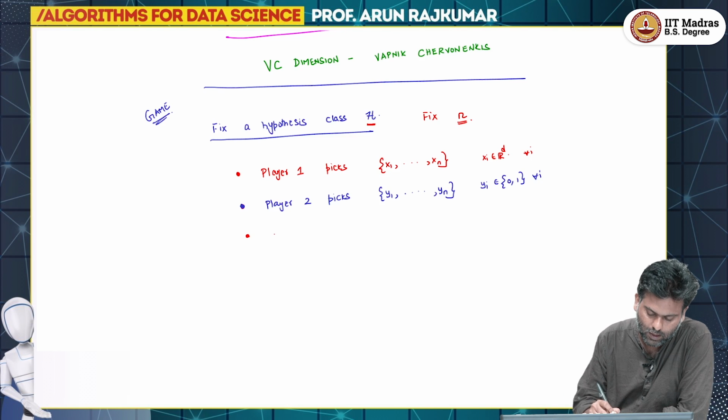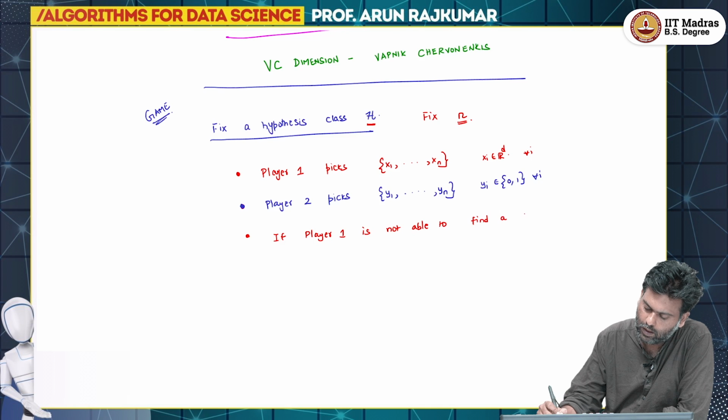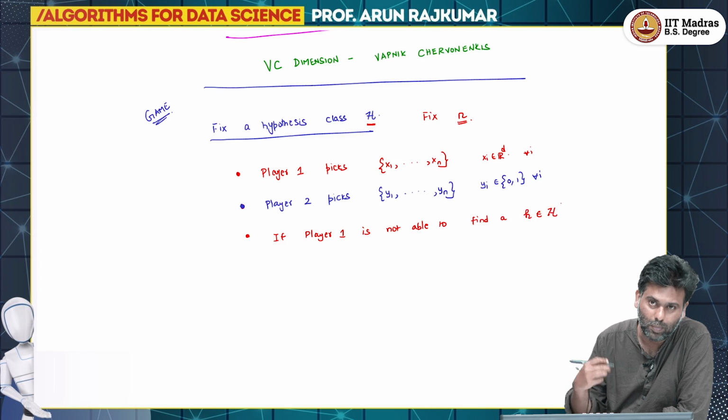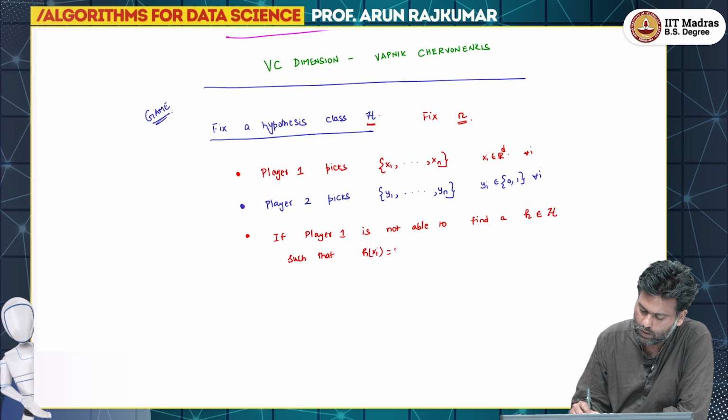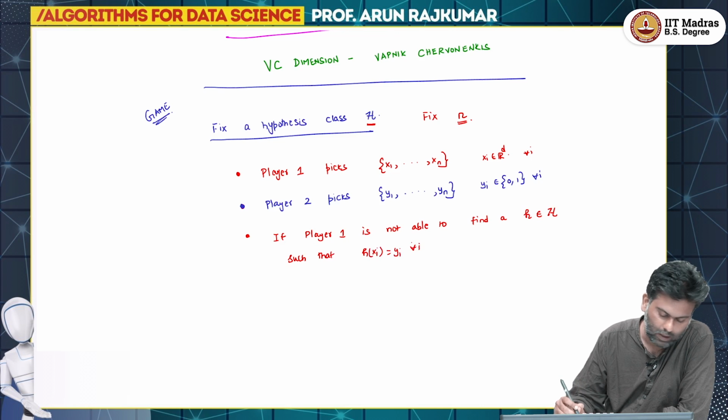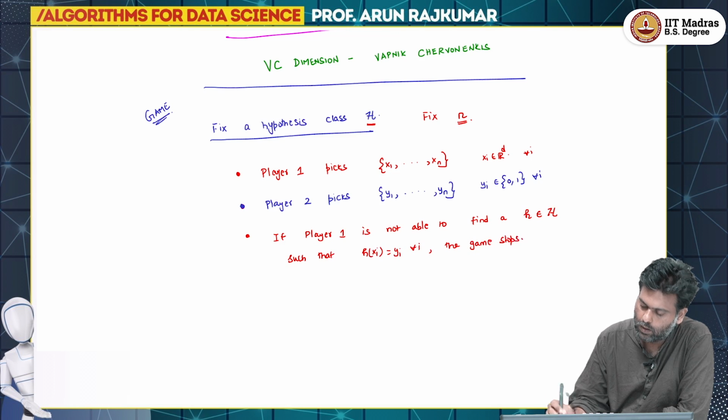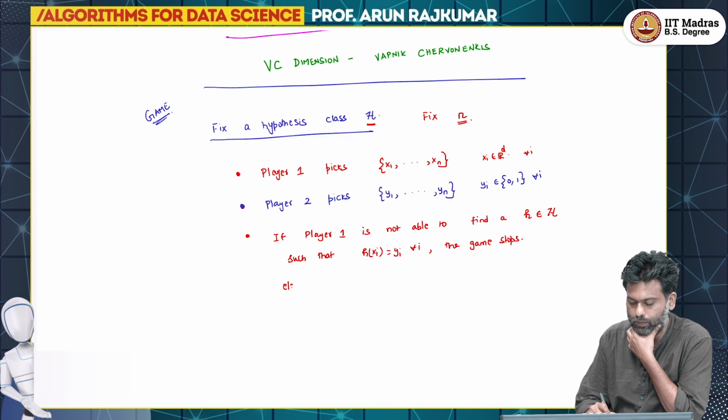In other words, if player 1 is not able to find a hypothesis small h in the hypothesis bag that we both know about, such that h of xi equals yi for all i, the game stops. Else n equals n plus 1 and the game continues.